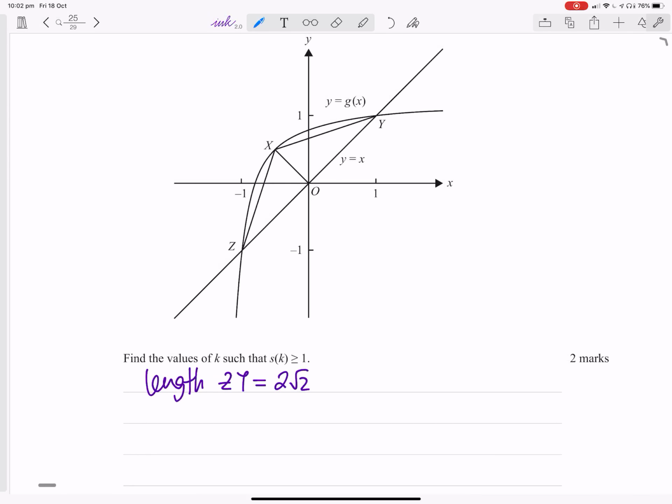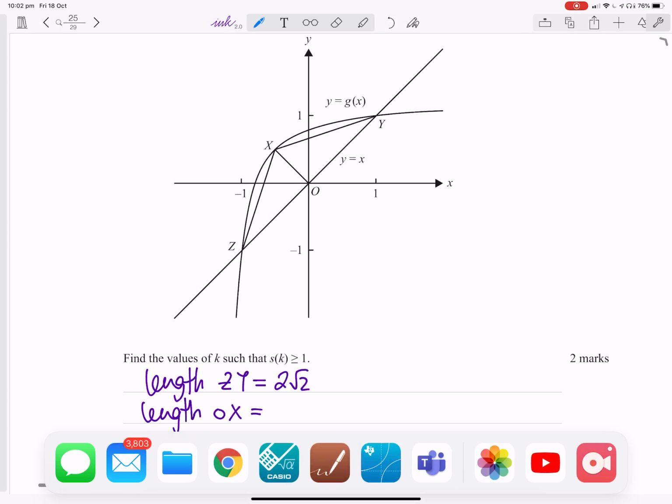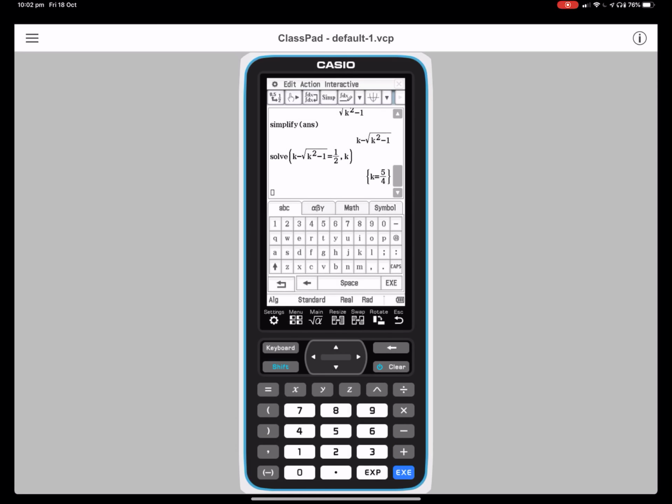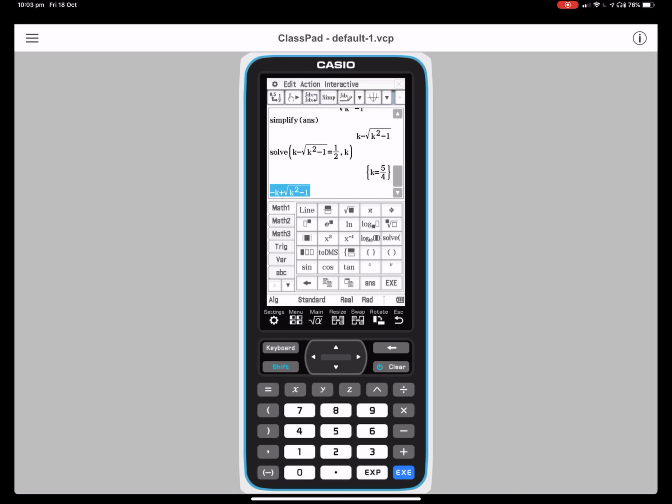And then the length OX is that, bracket it, squared plus y of a squared.